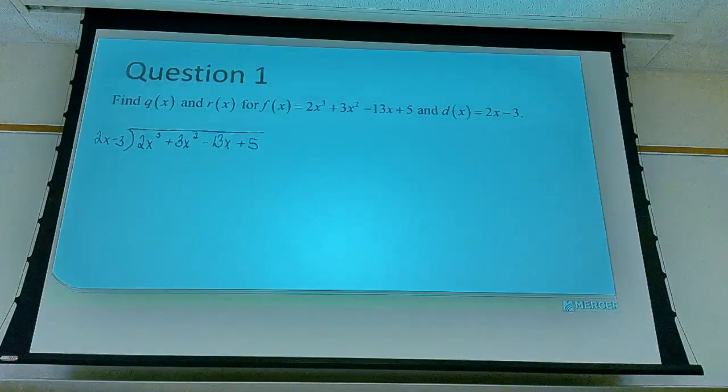And now here's the game that we play. Look at the leading term of the dividend. What is it? What is the leading term of the divisor? 2x. So what do you have to multiply 2x by to get 2x cubed? X squared.